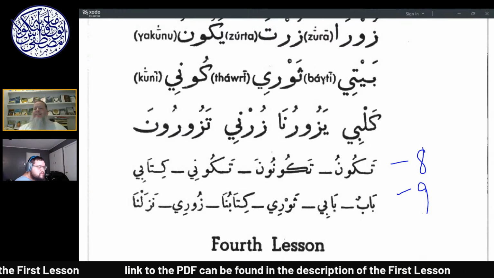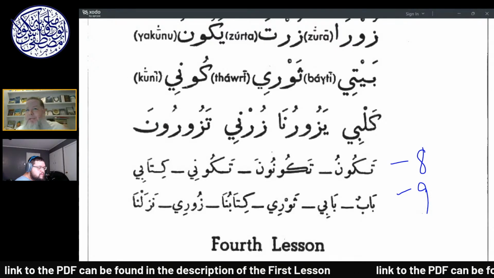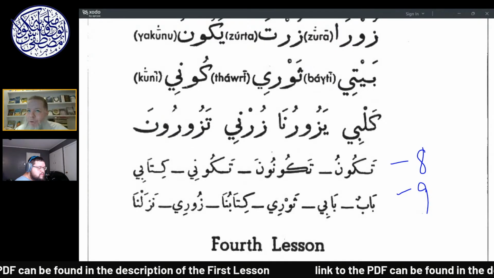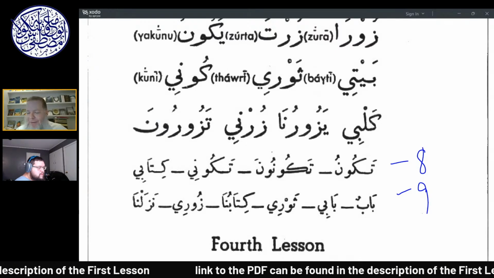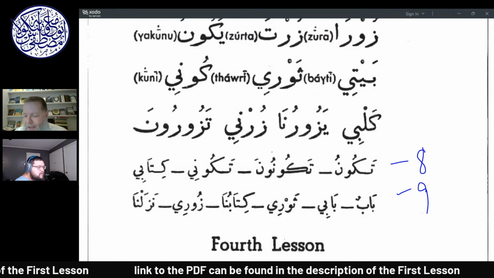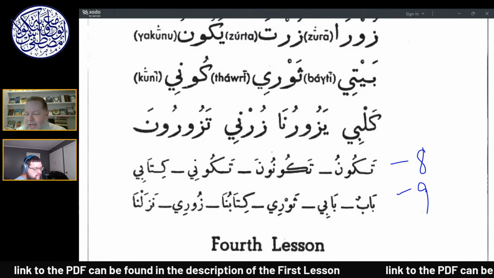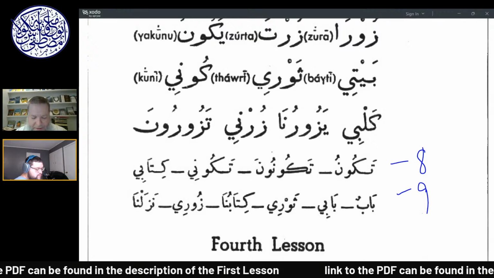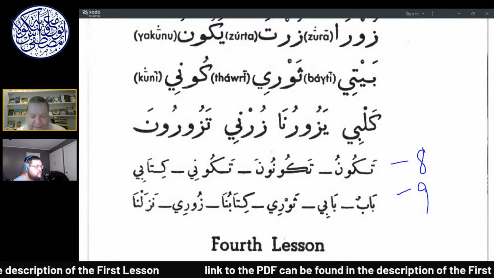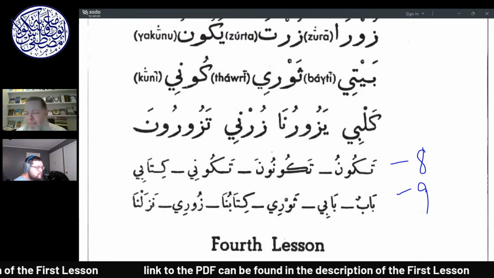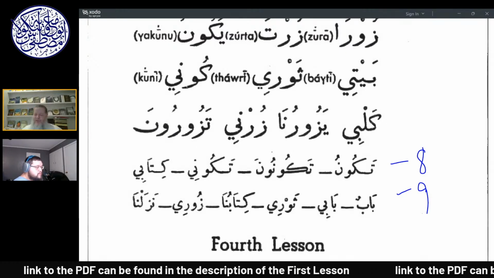I still, after all these years, and I feel pretty confident in my ability to understand and to read and to somewhat speak, although speaking is my weakest skill. We got reading, listening, writing, speaking. Speaking is my weakest. But I feel confident for the most part in everything to some degree.